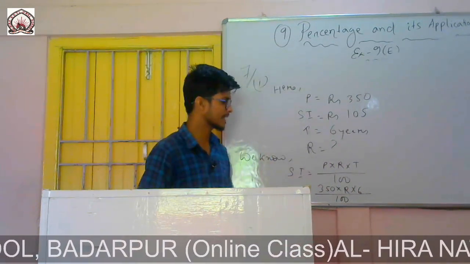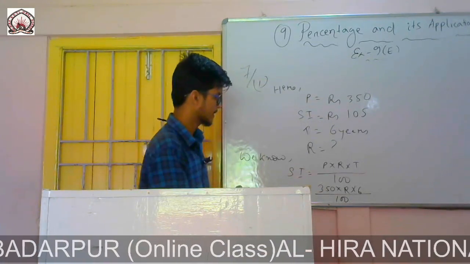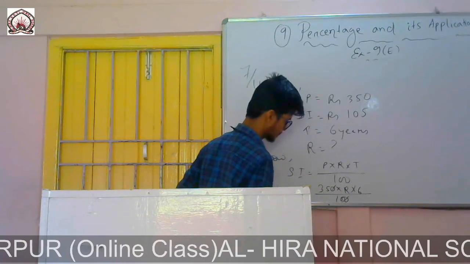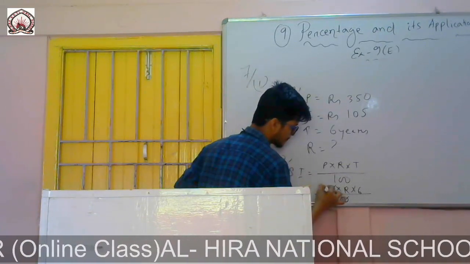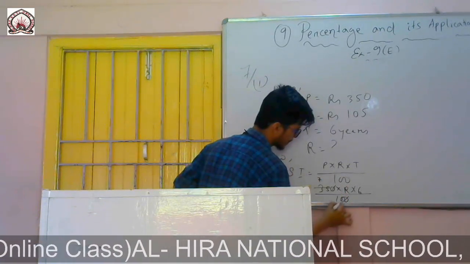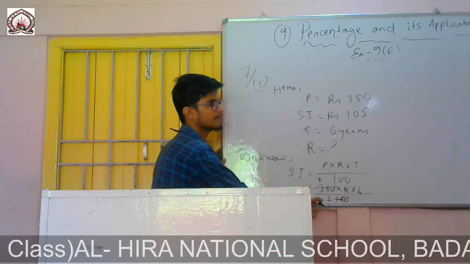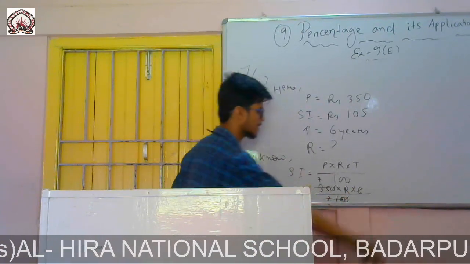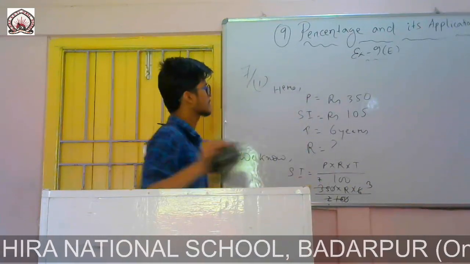Now I will simply cancel. I can cancel this 0 and this 1. Then 5 7s are 35 and 5 2s are 10. And this 2 and this 6 I can cancel, 2 3s are 6.